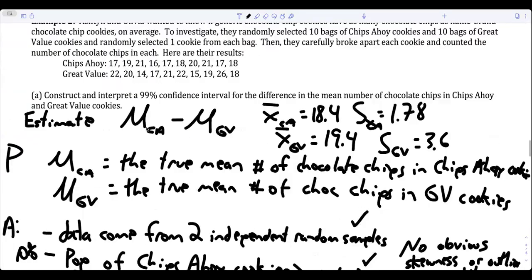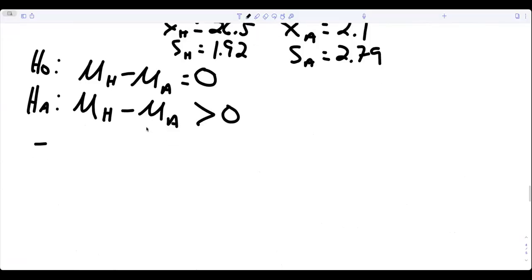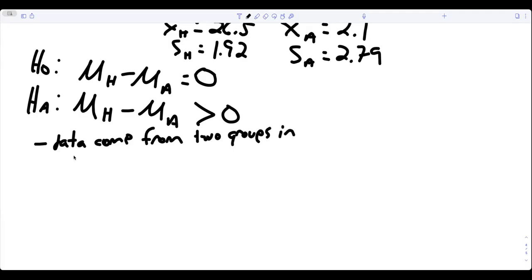So I'm going to say data come from 2 groups in a randomized experiment.